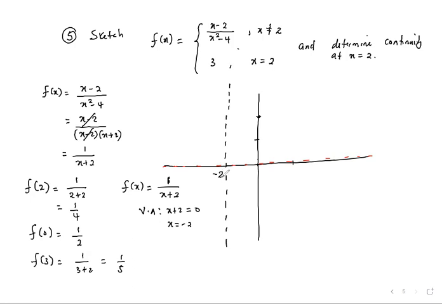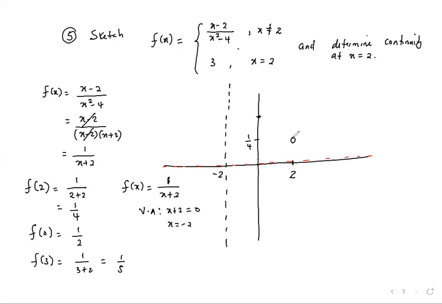So at minus 2, but then it's also not defined at 2. In the initial state, at 2, 1 over 4, it's not defined. So that means it also has the asymptote on the red line there.